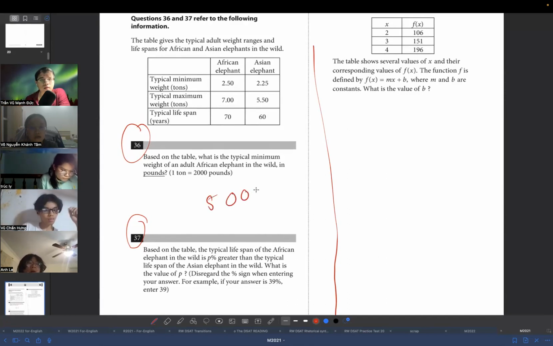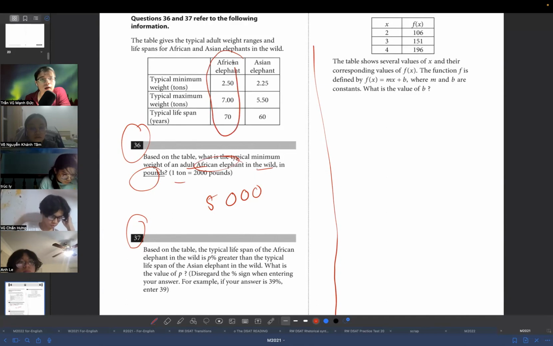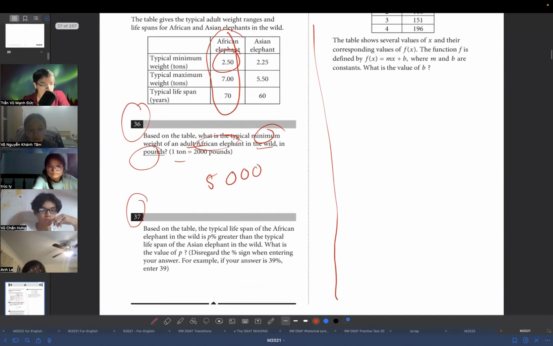What is the typical minimum weight of an adult African elephant in the wild in pounds? In the wild, the minimum here is 2.5 tons. So yes, 5,000. Just an easy conversion. Next, 37.